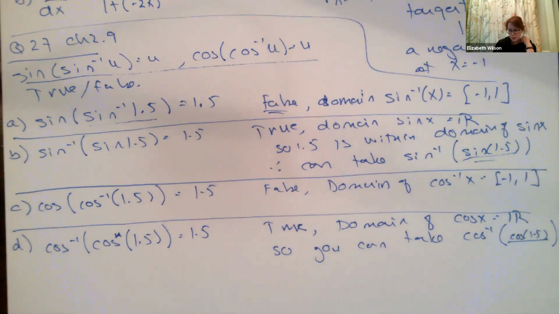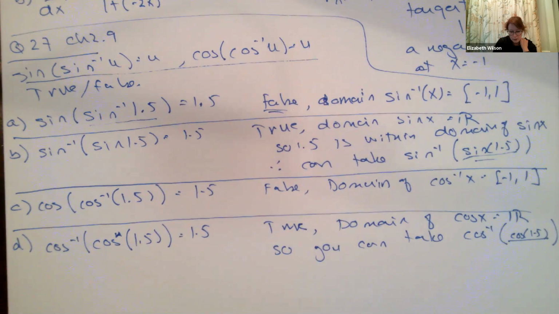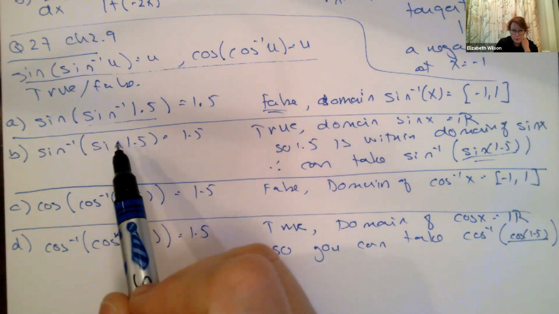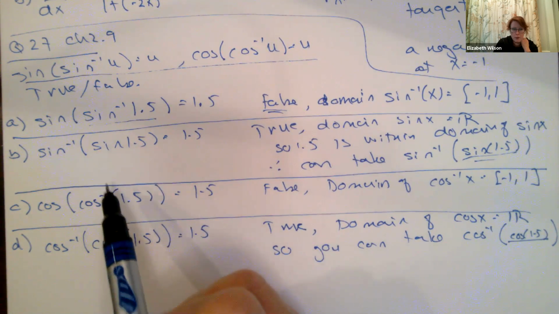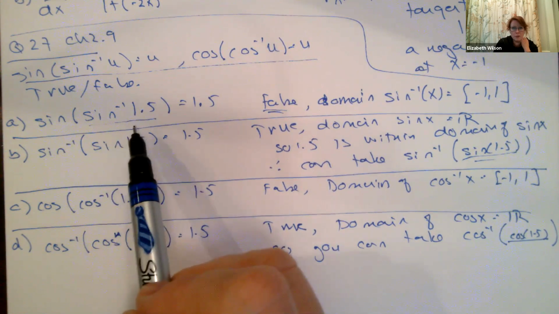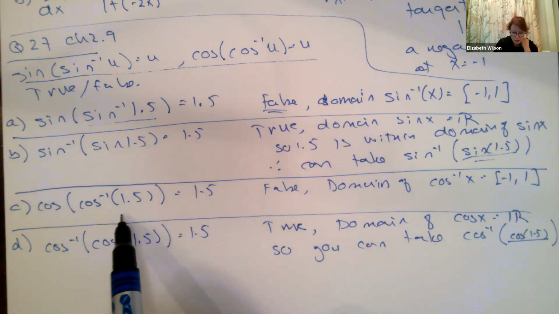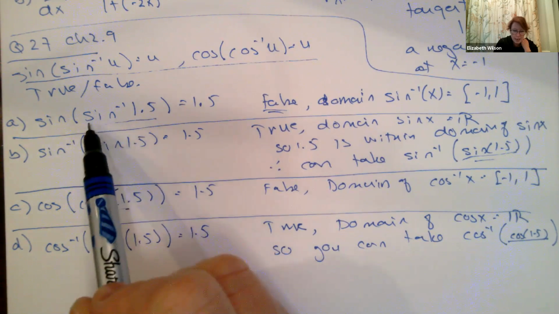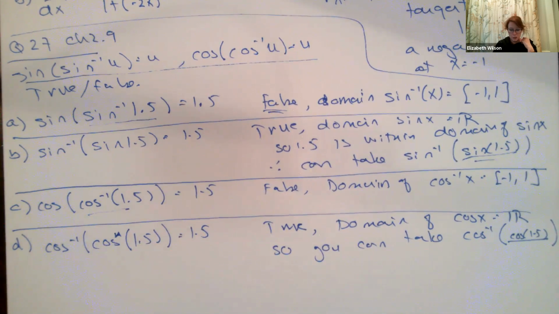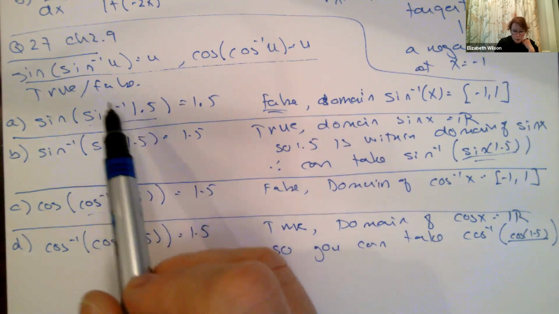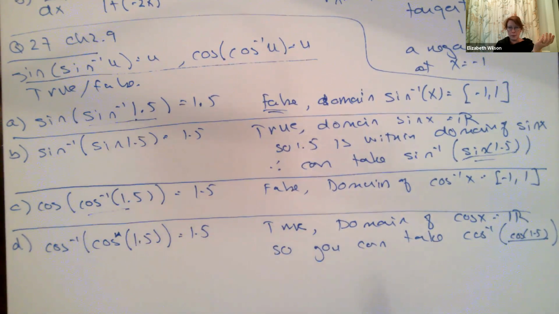So you have to look at the domain of my sine function, and I have to look at the domain of my inverse sine function. For C and for A, my inverse cosine and inverse sine functions, these values here are bombing out of my domain.